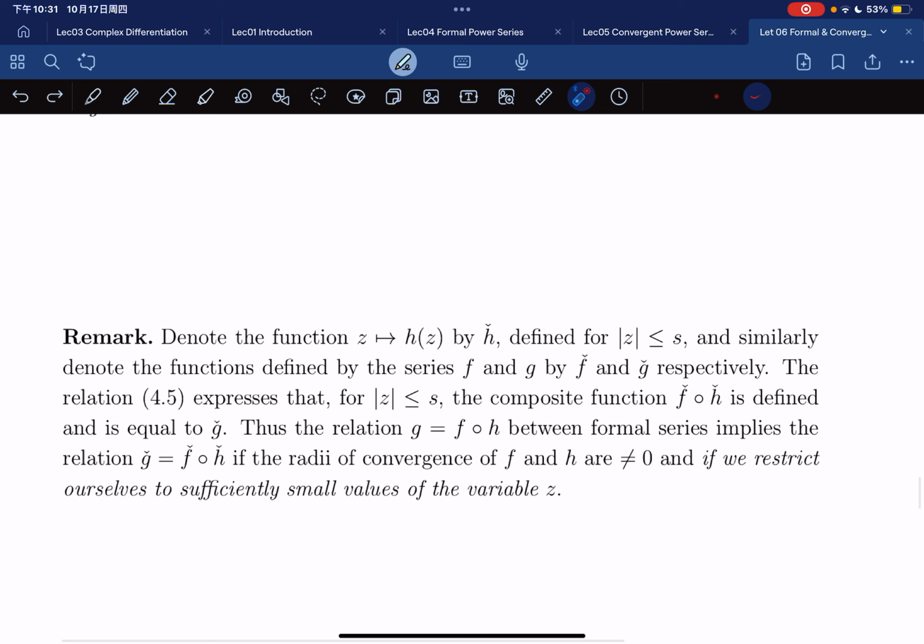But before that, we need a remark. Suppose we denote the function sending z to h(z) by h check. We denote this by h check. Similarly, denote the functions defined by series f and g by f check and g check, respectively.